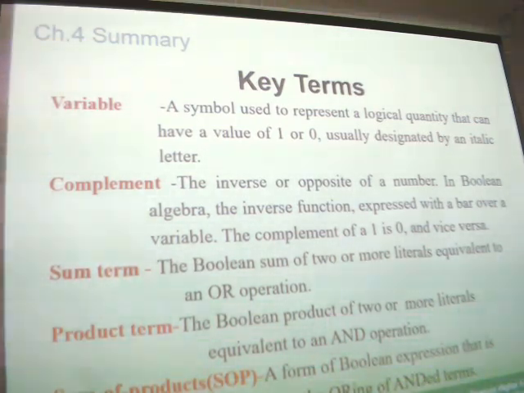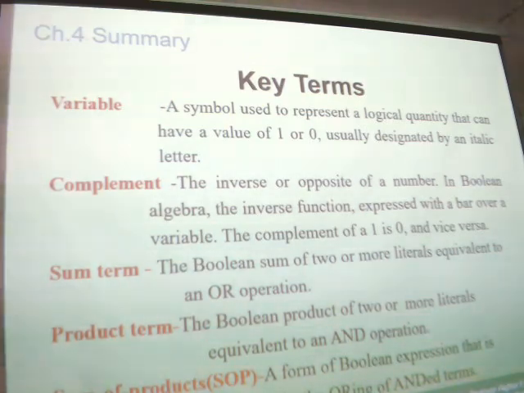In chapter 4, we have learned these key terms. The first key term is variable. Variable is a symbol used to represent a logical quantity that can have a value of 1 or 0, usually designated by an italic letter A, B, C, D, E, F. Complement.